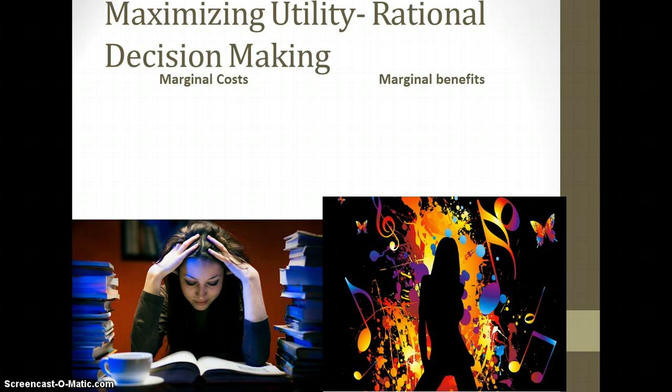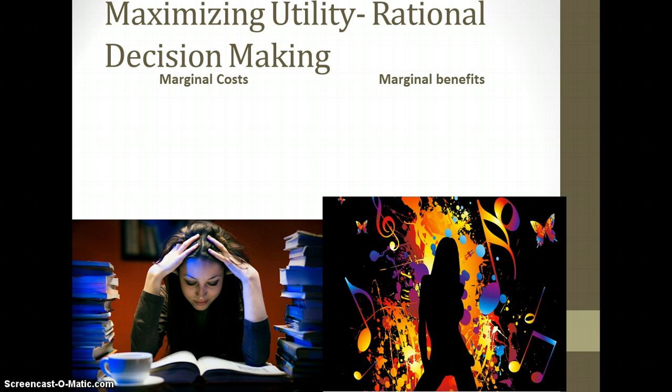Let's move on, and now we're going to talk about maximizing utility and rational decision making, what that actually is. So let's take a look at, first off, what is maximizing utility and rational decisions? Most decisions are not the all-or-nothing variety. Most of our decisions, we're not doing all of this or all of that.